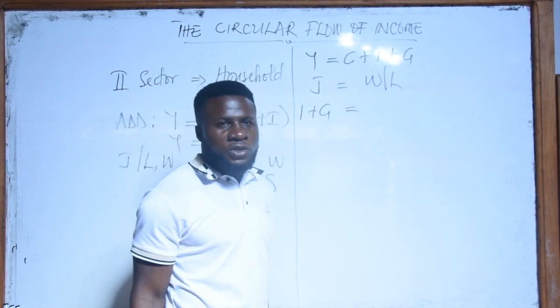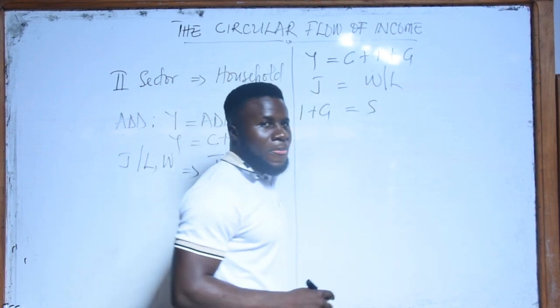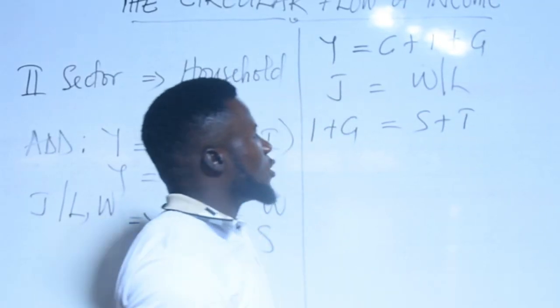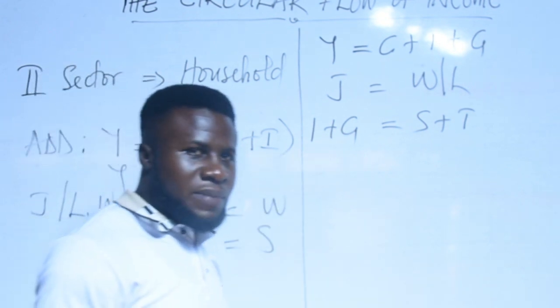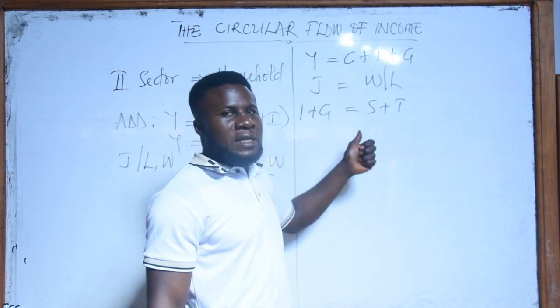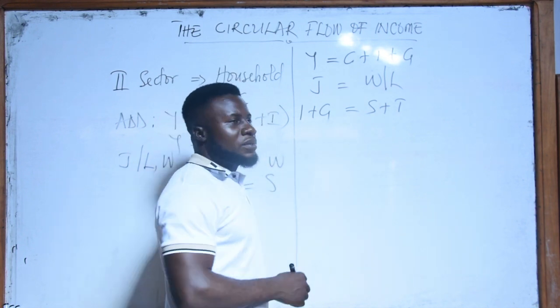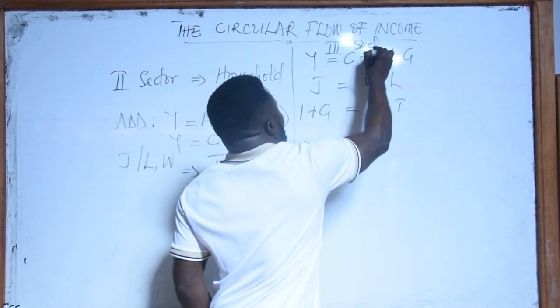And then we have two withdrawals or leakages, which are made up of savings, and then taxes imposed by the government. So if you use either of these formulae, it should give you the same answer, because using the aggregate demand approach is as good as using the injections withdrawal approach. This is a three-sector economy.